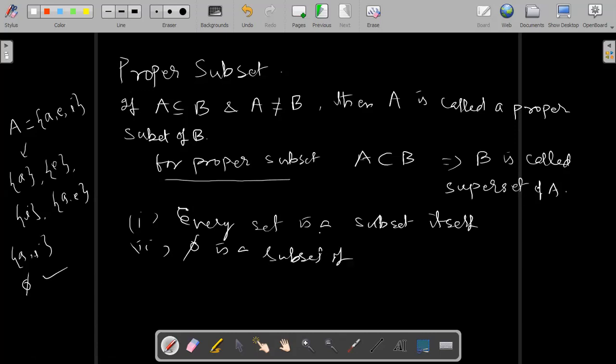And the third point, the number of subsets will come: total number of proper subsets and total number of subsets. That we will discuss later on. It will take time.